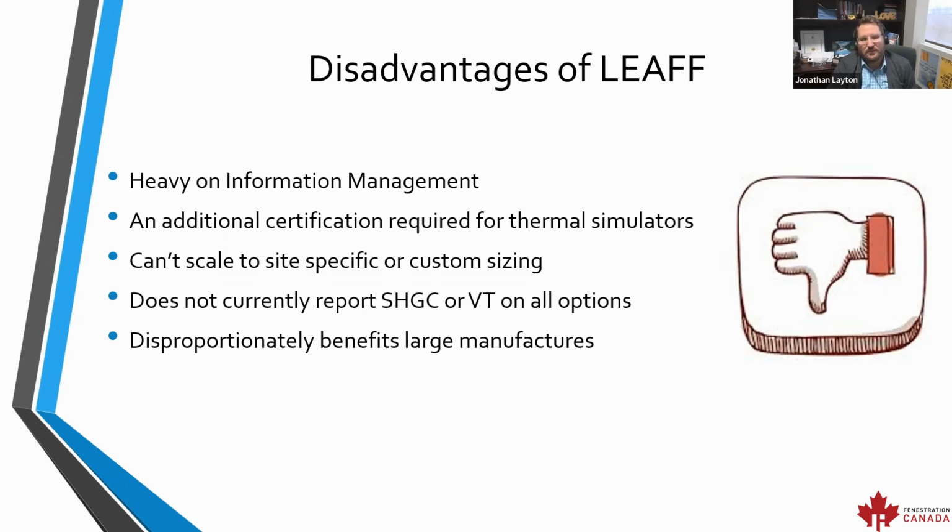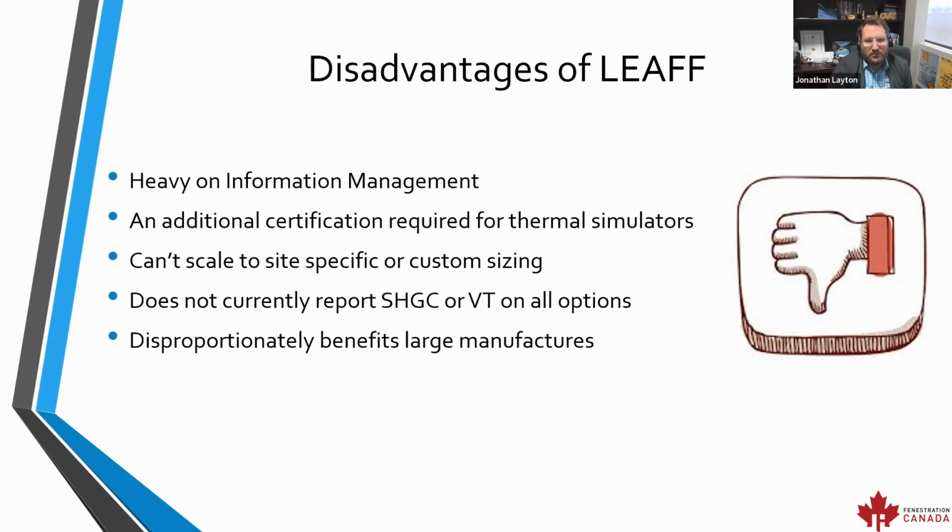Also, one of the things we're talking about in BC and across Canada is site specific or custom sizing, and NFRC is focused primarily on giving certification to a standard size. That's one of the variables they're just not focused on providing information for.